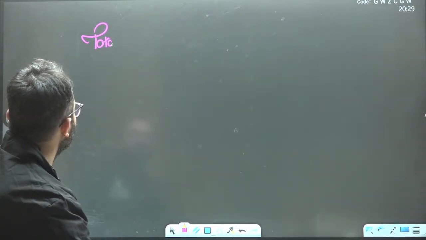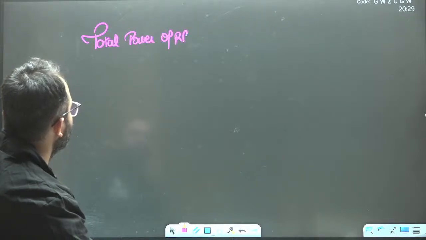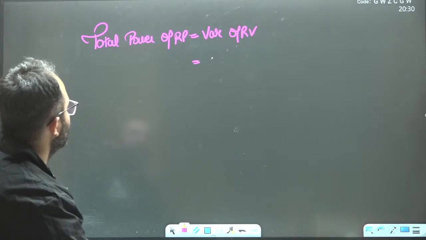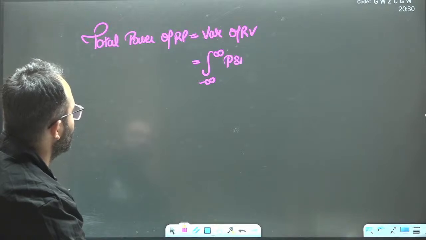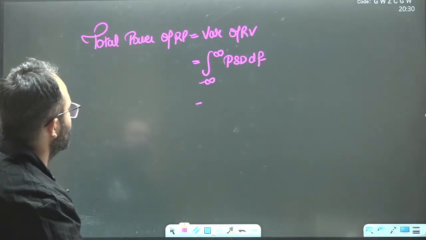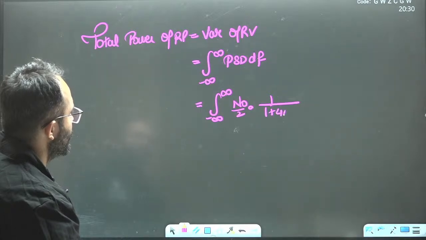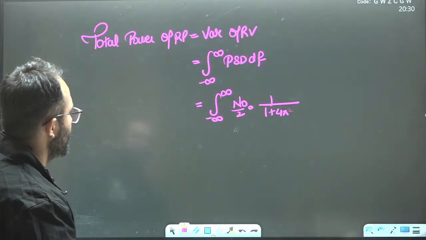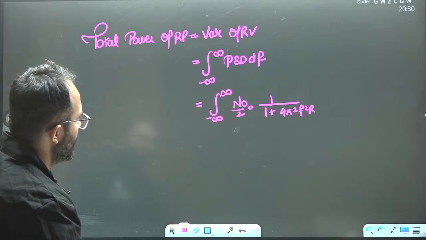Okay, the total power of the random process equals variance of the random variable, that is integral from minus infinity to infinity of the power spectral density of f, over 4 pi square f square R square C square.